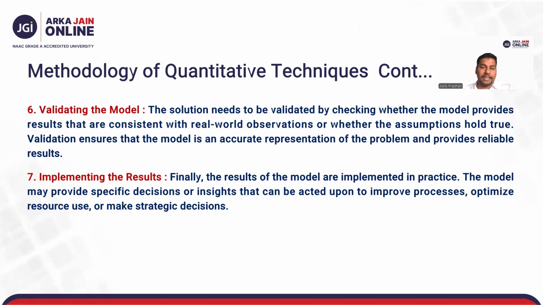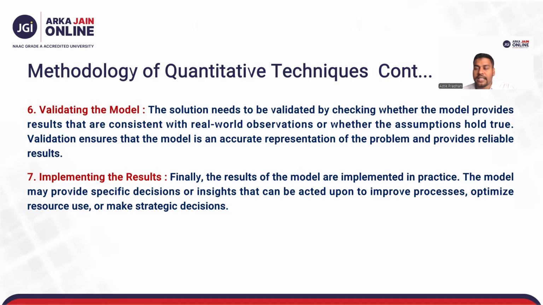The seventh one, I think the last step, relates to the result part. Finally, the results of the model are implemented in practice. The model may provide specific decisions or insights that can be acted upon to improve processes, optimize resource use, or make strategic decisions.